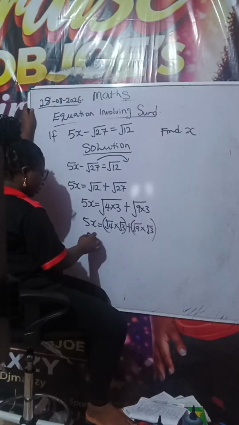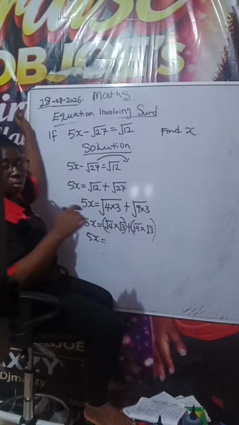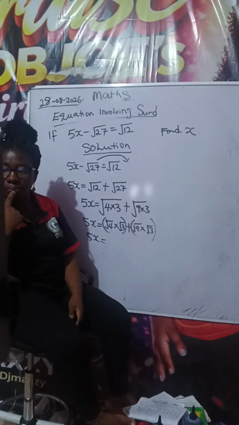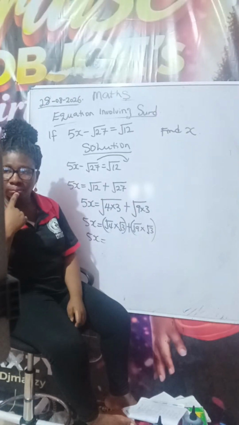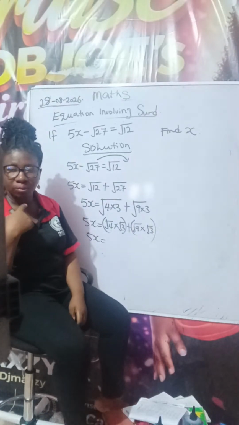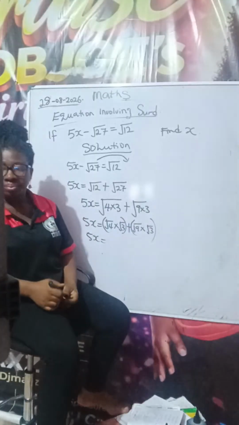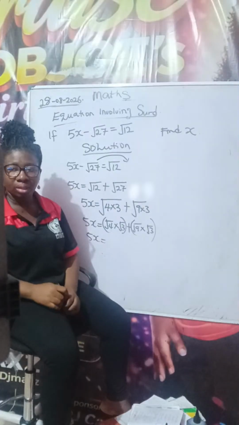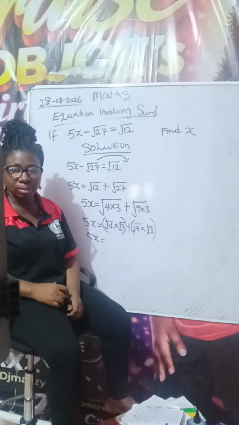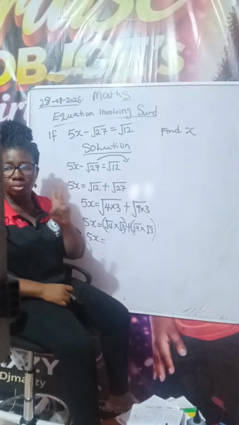So we have 5x equals to, what is the square root of 4? The square root of 4 will give us 2, right?